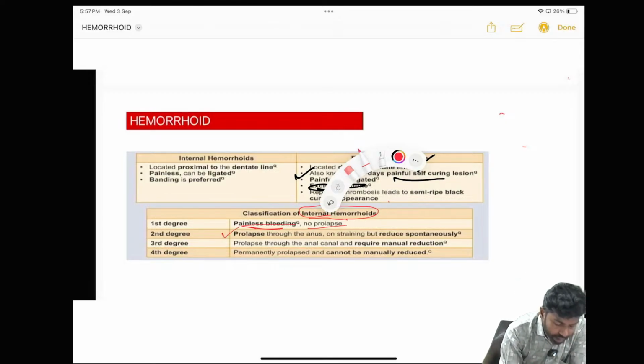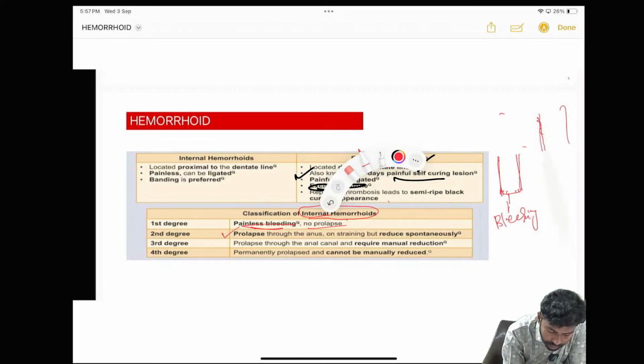Then second, what will happen? There will be a prolapse through the anus. For example, this is normal, and here only bleeding is grade 1. In grade 2, the mass comes down and collapses out. But once the motion is passed and the straining is over, it goes back in.